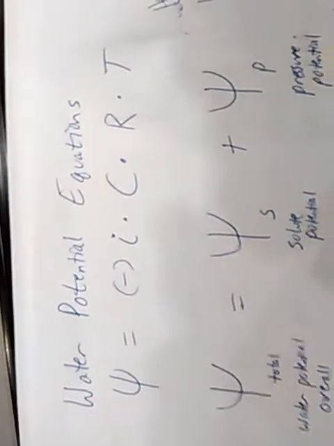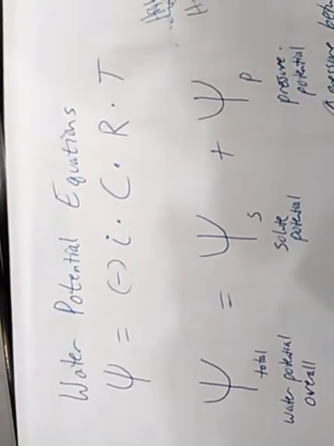It's going from an area of high potential to low. Okay? And the same thing happens with solutions and with water as it moves from high potential to areas of low potential.